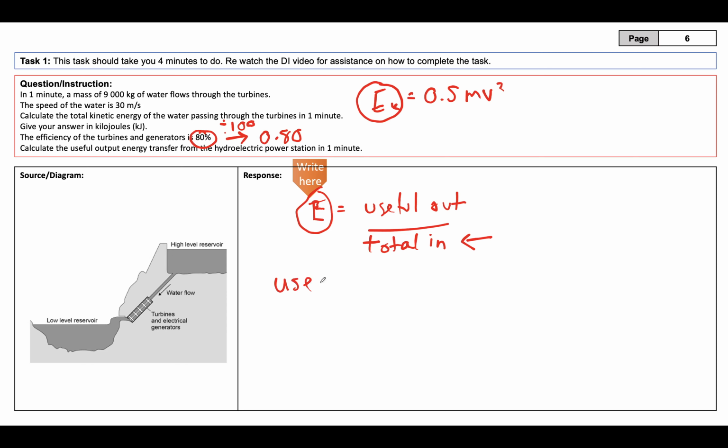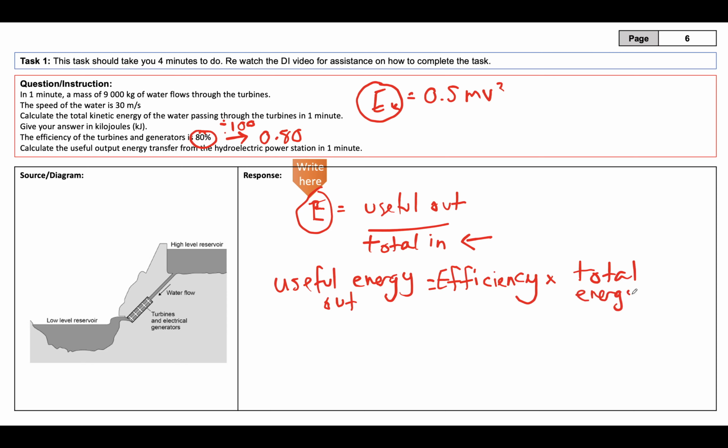So your useful energy out is going to be your efficiency multiplied by your total energy in. We'll work out our kinetic energy up here, and then we can substitute it in down here.